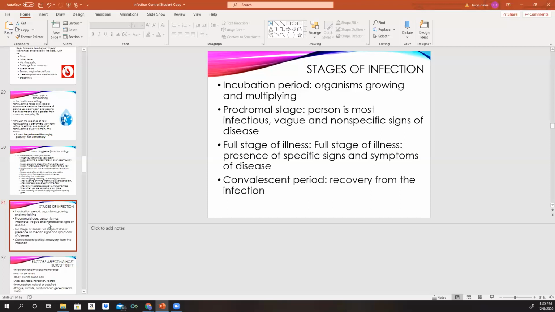Then you have your stage where you have full stage illness, you have all the signs and symptoms, you're really sick, and then that convalescent period. During that convalescent period, the symptoms start to disappear and you start to return to a healthy state. But depending on that infection, there could be a temporary or permanent change to your health.